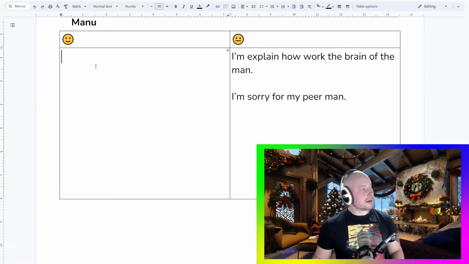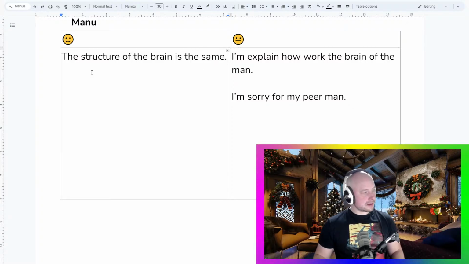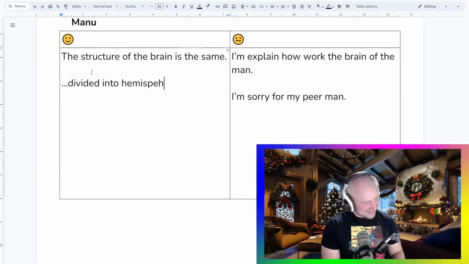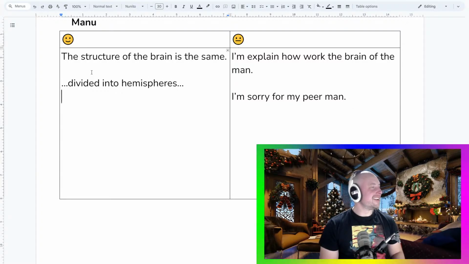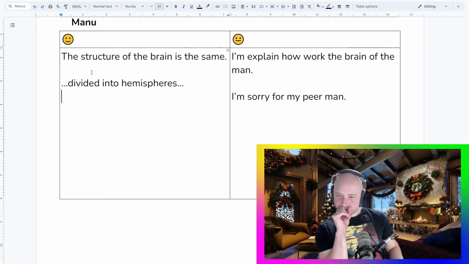It is because the structure of the brain is the same and divided into hemispheres, but the woman's is divided into several hemispheres, 1, 2, 3, 4, 5. And we are expert, for example, in analytic language, and the man is always better for visual and auditive.